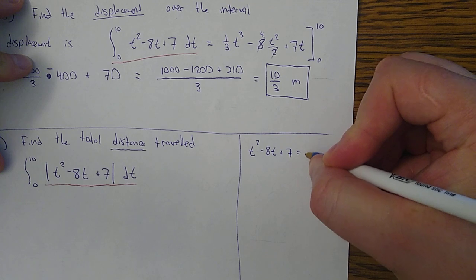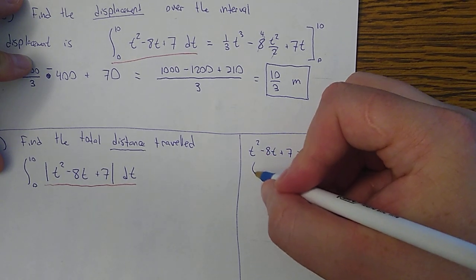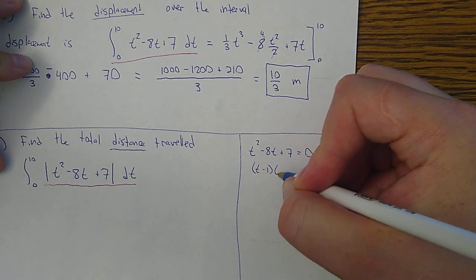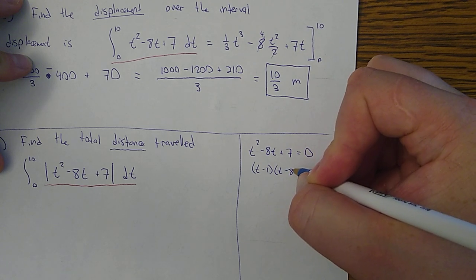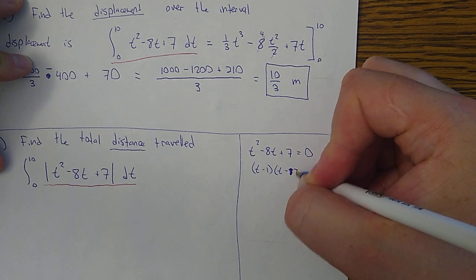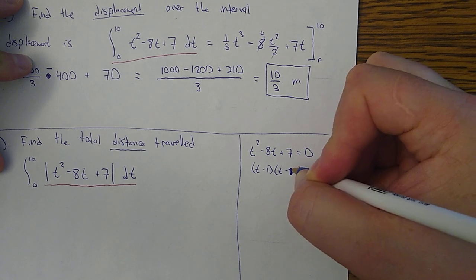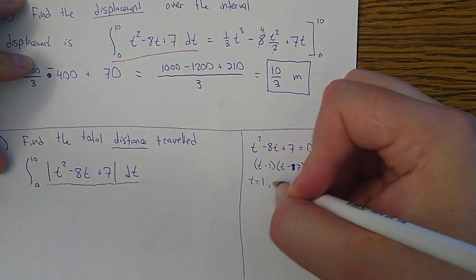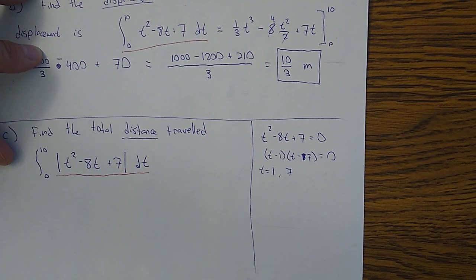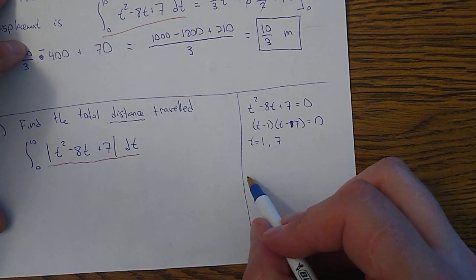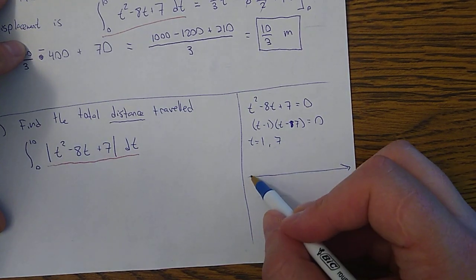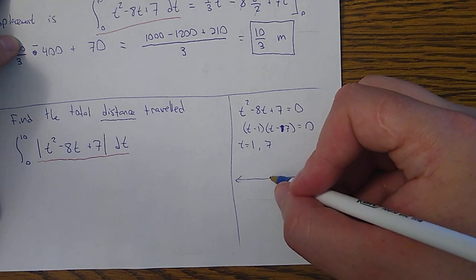So first, let me set this equal to 0, and luckily I gave us one where t minus 1, t minus 7. So t would be 1 or 7, and then I can make a little number line.